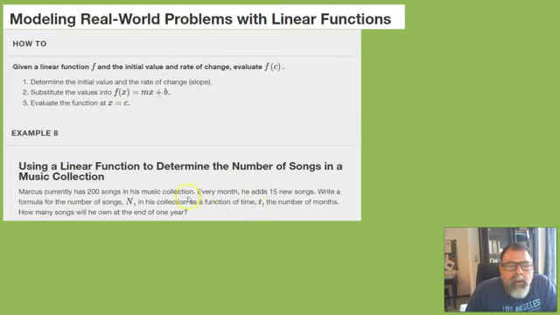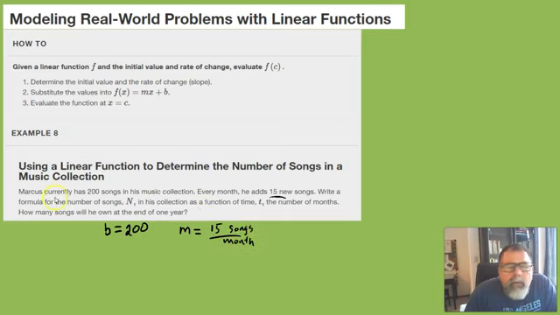So our initial value is going to be 200 songs. So that's our b. And our slope, or rate of change, is 15 new songs per month. So that's our m, 15 songs per month.